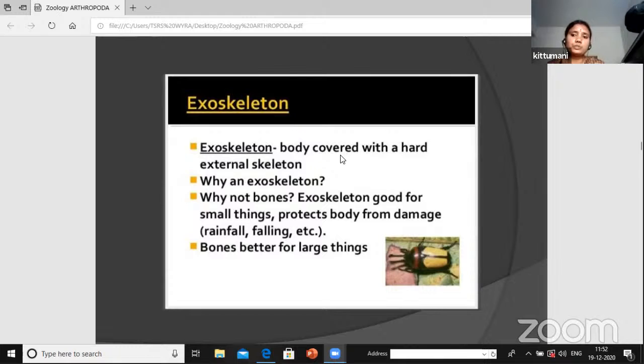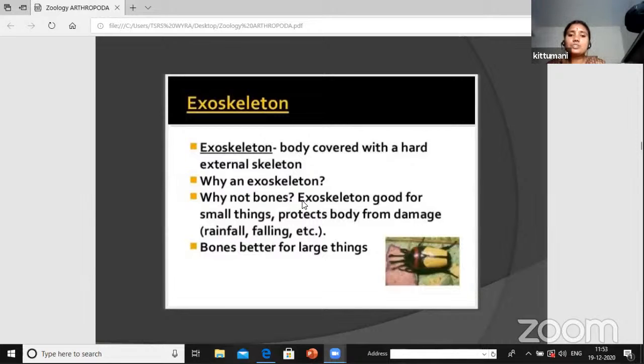Skeletal system also has two types, exoskeleton and endoskeleton. Generally we have endoskeleton made up of bones like that. Here the exoskeleton of the phylum Arthropoda is a body covered by a hard external skeleton like this. Okay, what is that? Hard external skeleton.